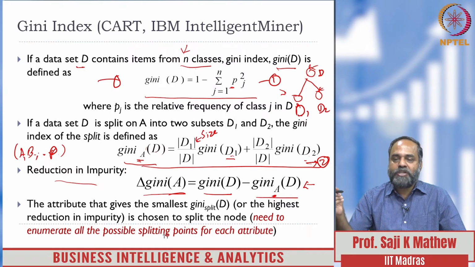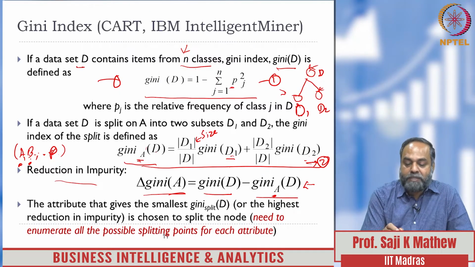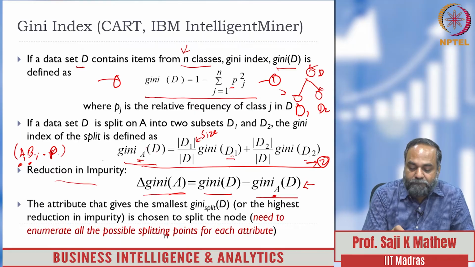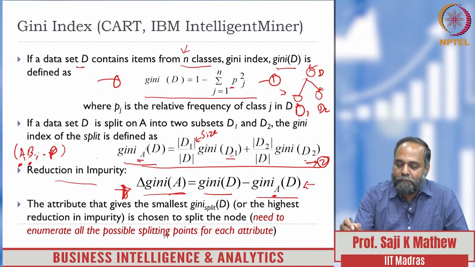What does the search algorithm do? It searches for that particular attribute which maximizes this value, which maximizes purity. Whichever attribute maximizes purity is the most desirable attribute to split a particular node.